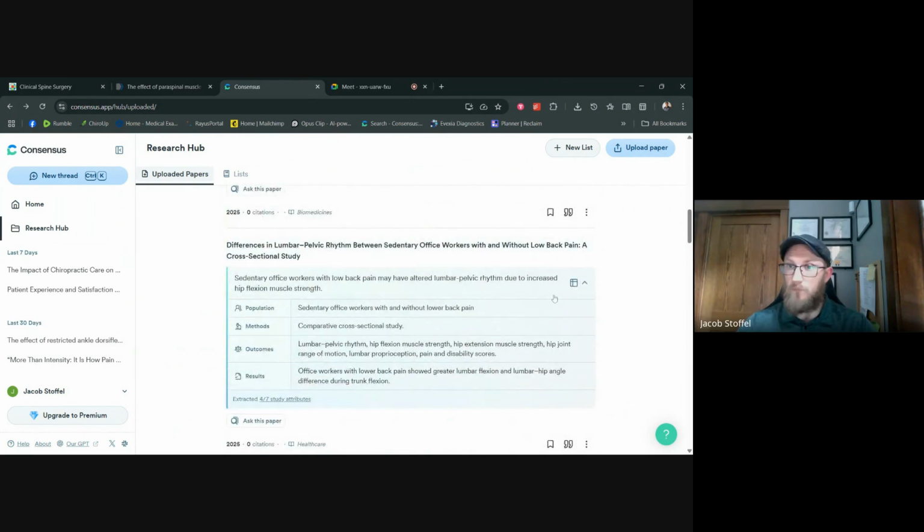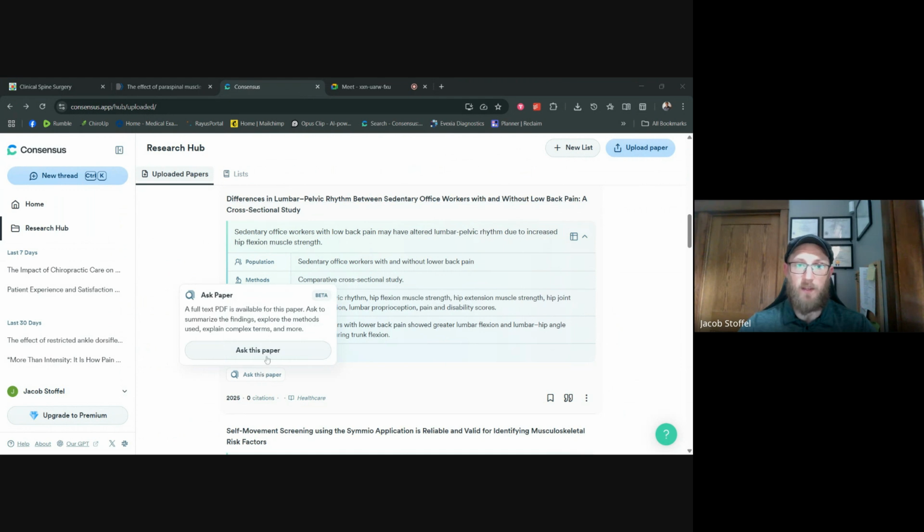Now, let me switch this Google thing so I'm not staring at myself. I'm using Consensus. So what you're seeing is essentially if an AI algorithm married PubMed, and it helps really show, because I can ask the paper specifically, like use the AI tool through the actual PDF to get specific questions out of it, which I've done before.